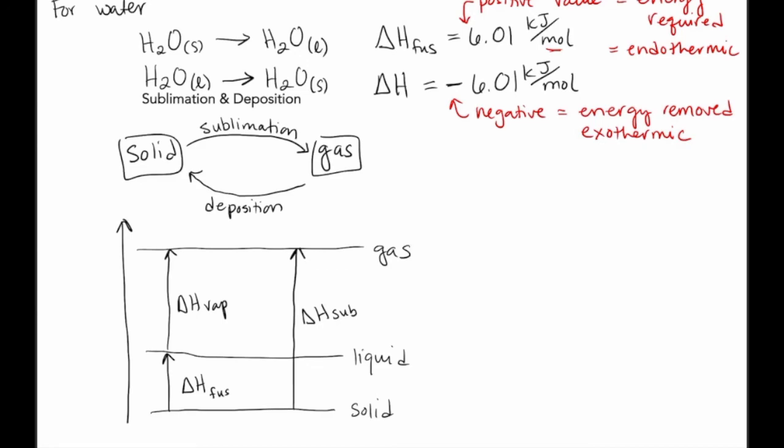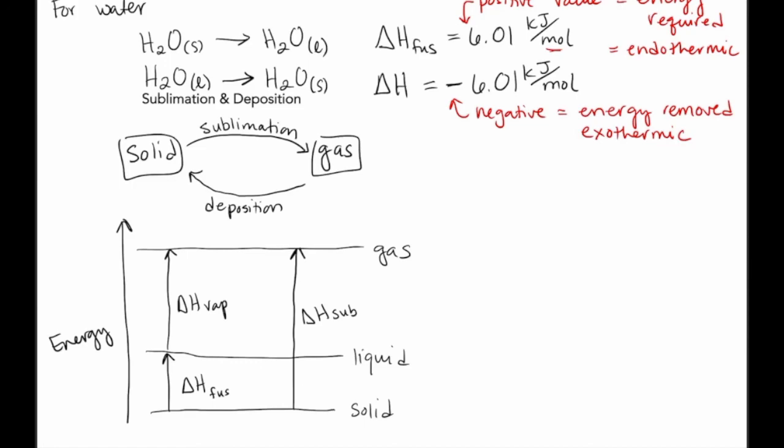And all of those increases in energy would be presented as a positive value. Their energy is required, and so it is endothermic. It's an endothermic process. If you do the reverse, right, if you start at a gas and come back down, then you just need to change the sign of that energy value.